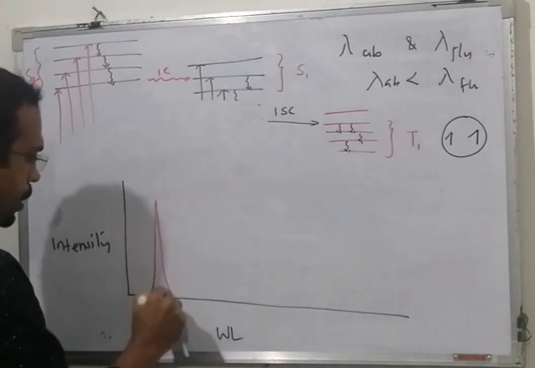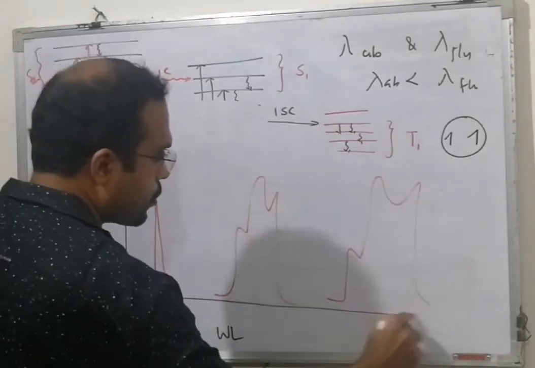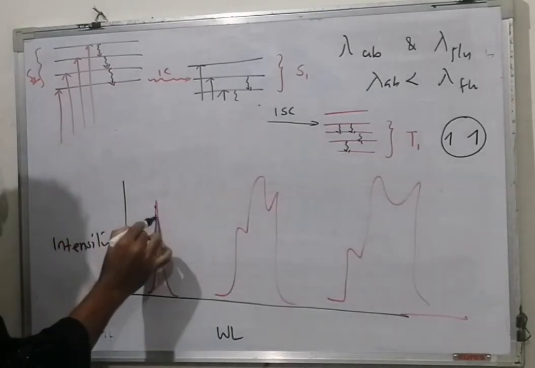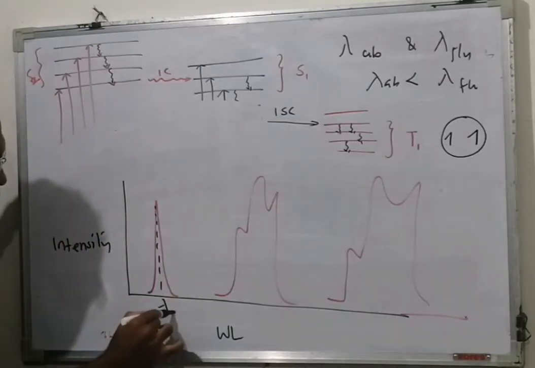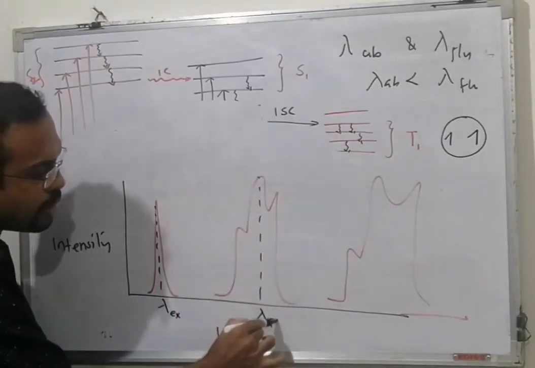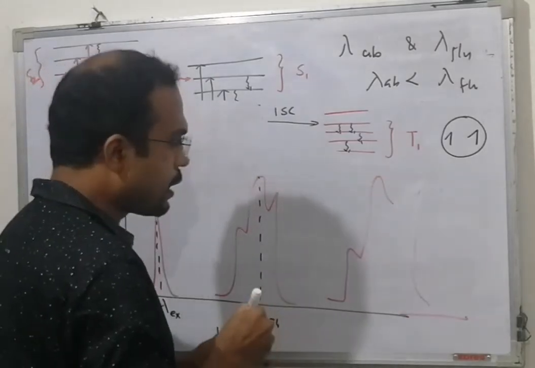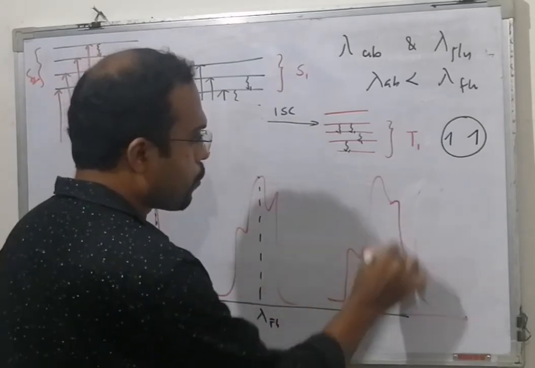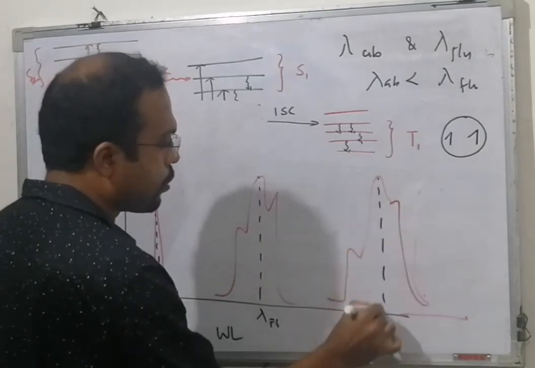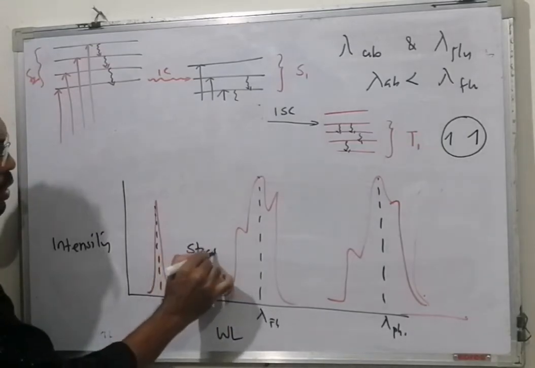I get a very sharp peak like this. This is the lambda excitation, lambda absorption, this is the lambda fluorescence, and this peak is for lambda phosphorescence, and this difference is called the Stokes shift.